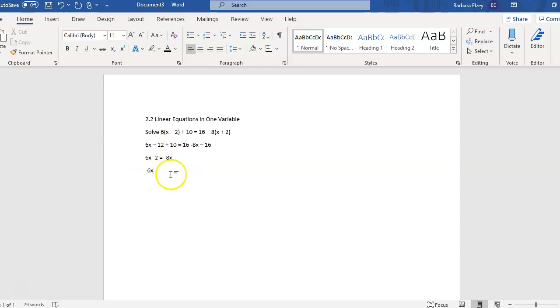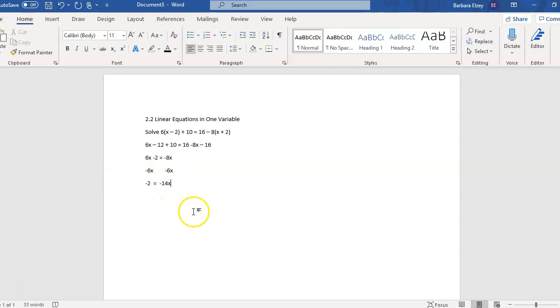So I'll subtract it on the left, and I'll also subtract it on the right. So on the left, 6x and -6x will cancel out, and I'll still be left with that -2. And on the right, -8x and -6x will give me -14x.